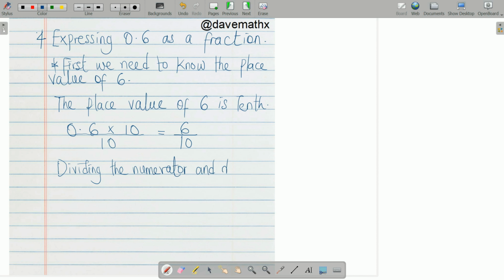To get our answer in the lowest form, we must divide both the numerator and the denominator by 2. Next, we have a reduced answer of 3 over 5. And that's our final solution.